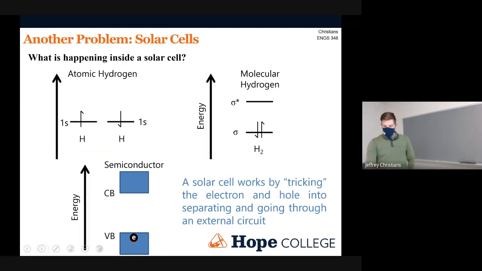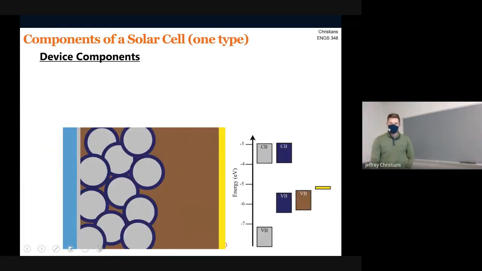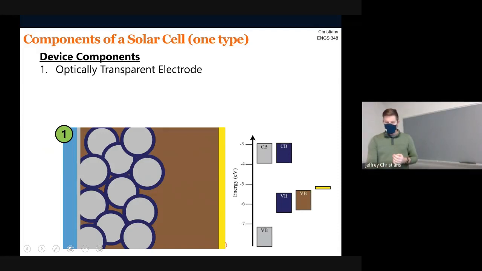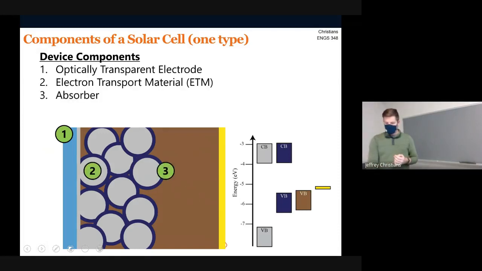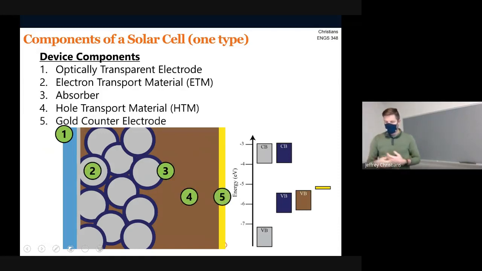One of the ways that you can do that is with a solar cell structure, something like this. This is one type of solar cell. There are lots of them actually. In this type of solar cell, we have a couple different components. The kind of dark blue, that would be what we call the solar cell absorber, the part that's actually absorbing light.